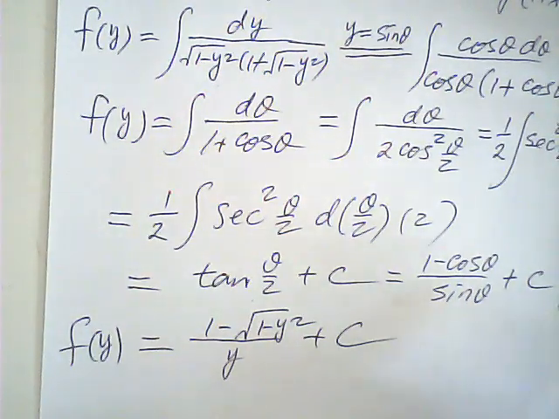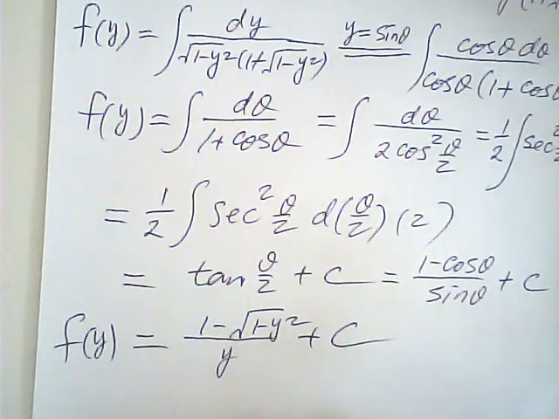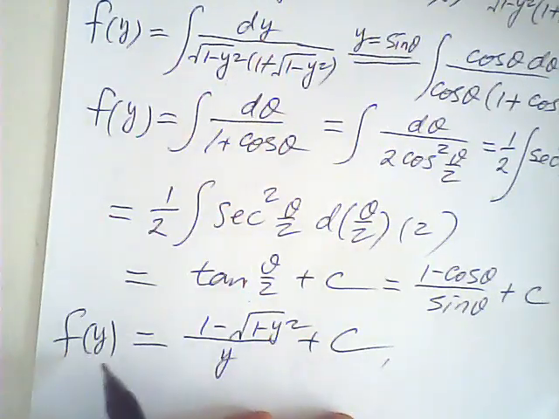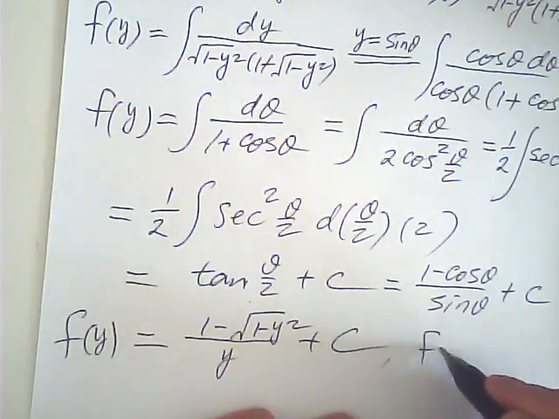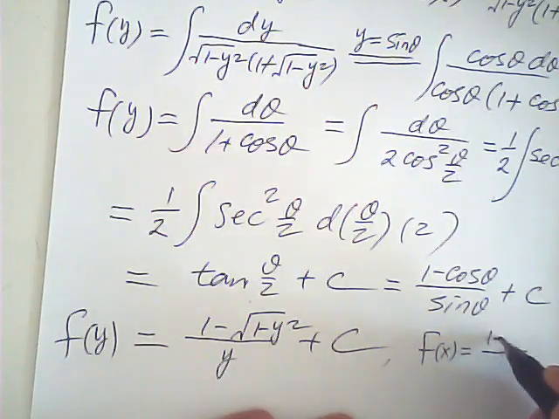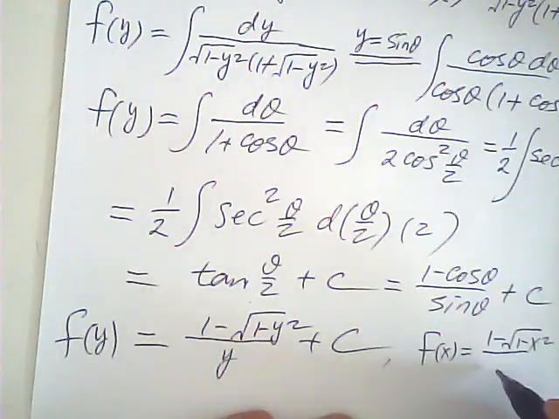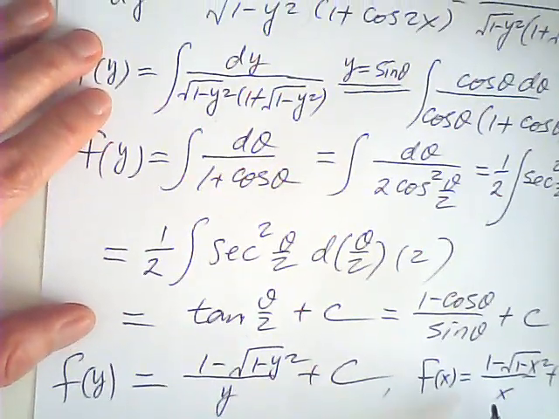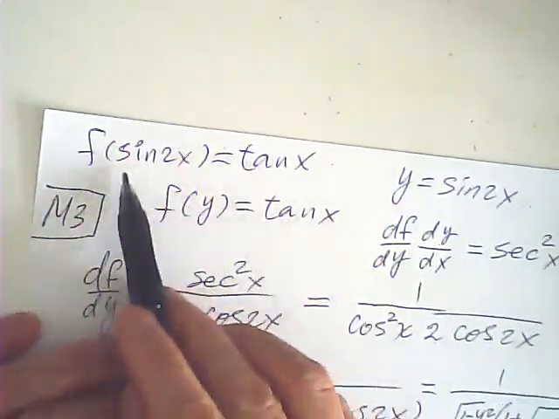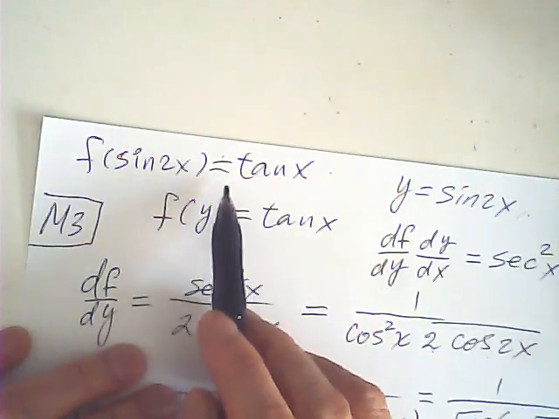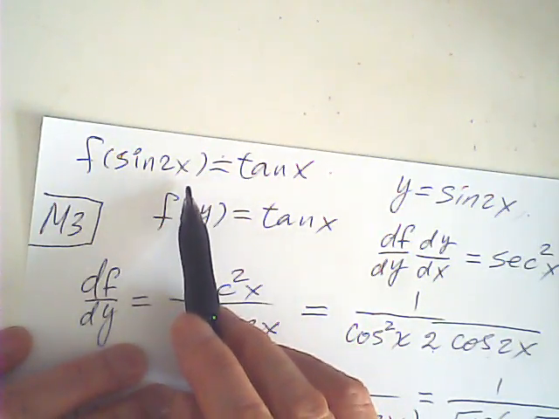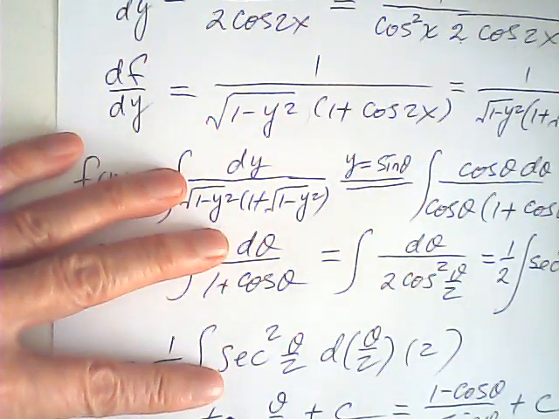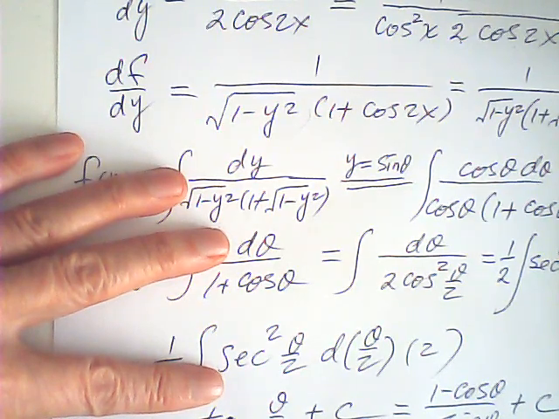Now we have a problem with c. We have to find the c, right? Which means we can change y to x, so f of x is equal to (1 minus square root of 1 minus x squared) over x, plus c. Now, how do we find c? We can use this. Say, how about x equal to quarter pi?